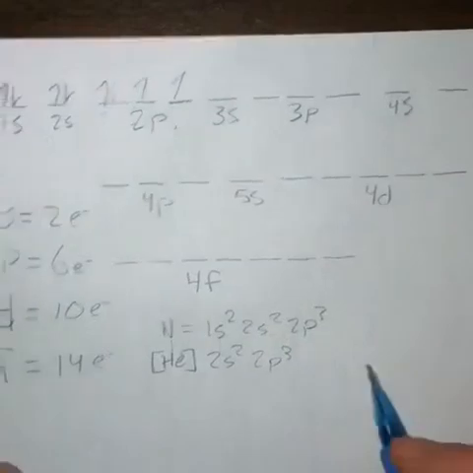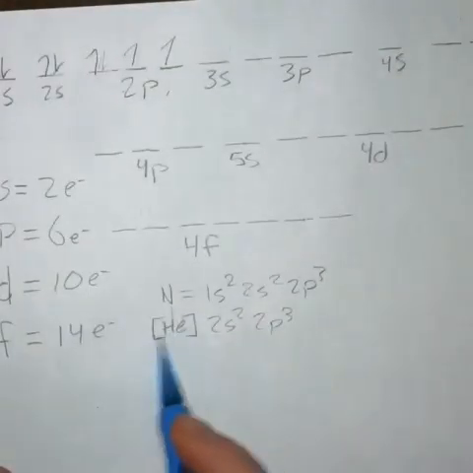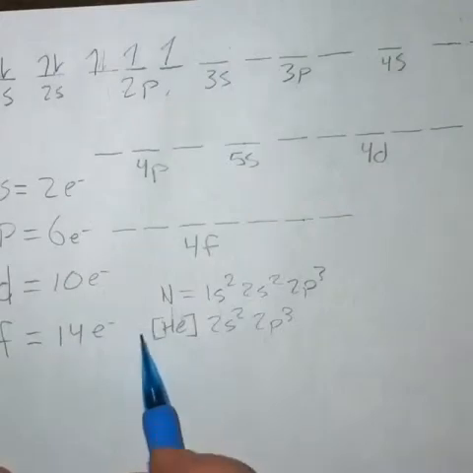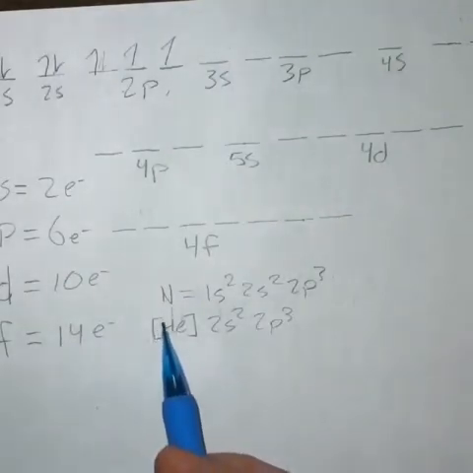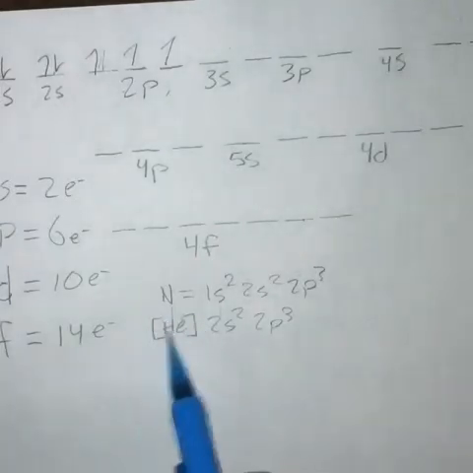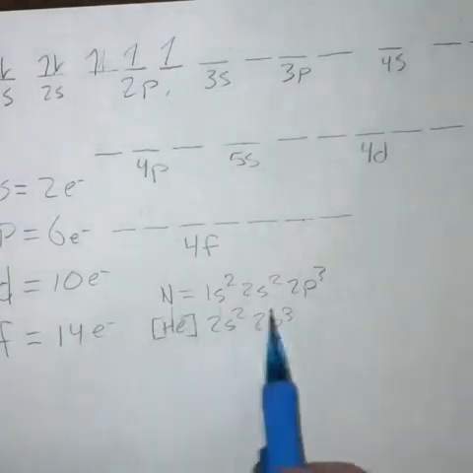This would actually be the correct way to write it out if you were doing a large element. You would write it out like this to save room on the paper, or whatever you're writing on.